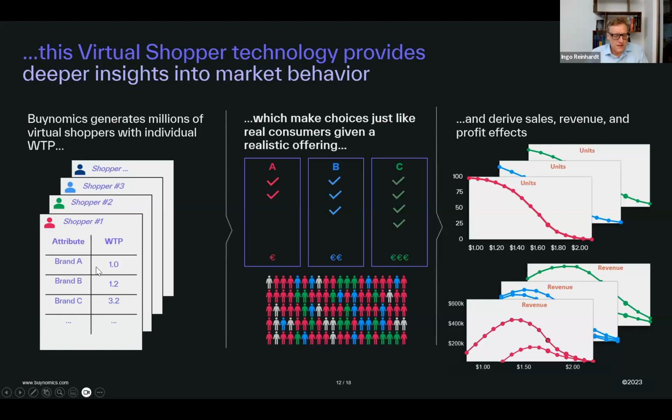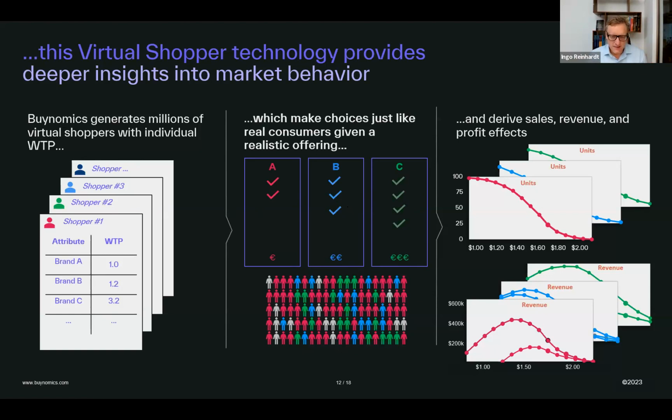We create, essentially, think of lots of shoppers, not 2 or 3 market segments, but say tens of thousands, hundreds of thousands, all like real people with different preferences. You show them an offer, your own products or your competitor offers, and each one of these virtual shoppers makes an individual decision based on preferences for different brands, different product sizes, product types, and so on.